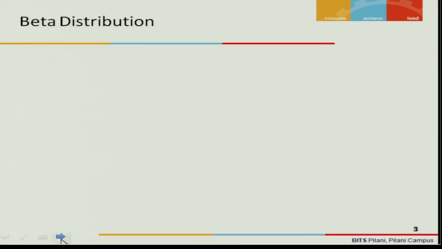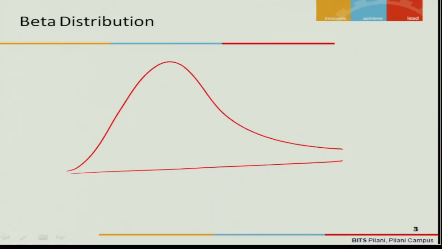What is a beta distribution? If you look at the beta distribution, it looks several ways, but this is the one that we can fairly assume to be the case in a PERT situation. For example, you have a supplier supplying a particular component. You ask him what your lead time will be. He tells you that most of the time he will supply within 10 days, on the 10th day.